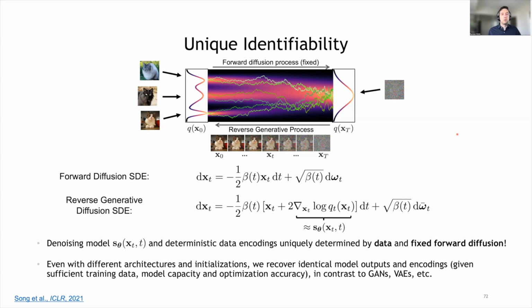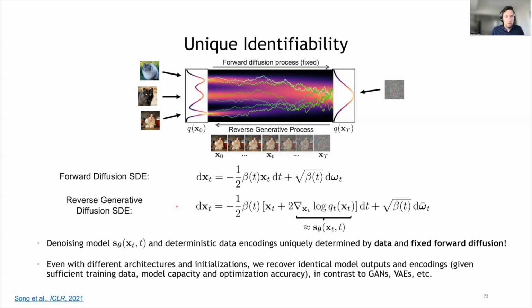I would like to talk about one more thing about diffusion models, which is unique identifiability. It turns out that the denoising model that we're learning in these diffusion models, which is supposed to approximate the score function of the diffused data Qt of xt, is in principle uniquely determined by the data that we're given and the forward diffusion process.